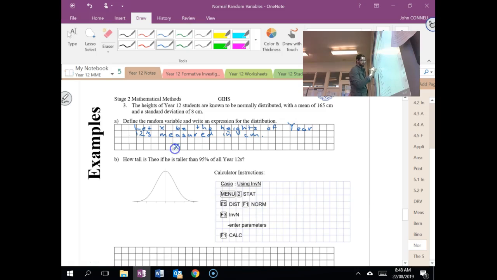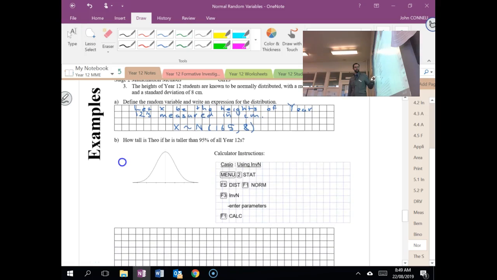And so we can say that X is normally distributed with a mean of 165 and a standard deviation of 8, using our notation. This can be a helpful way to summarise what they've said in the question, so you've got those numbers handy.